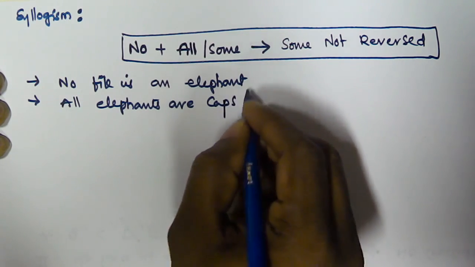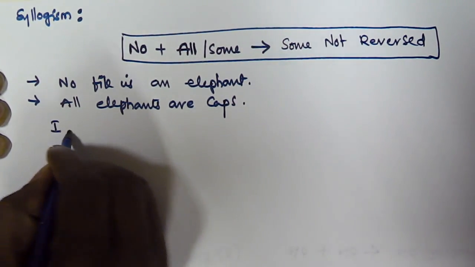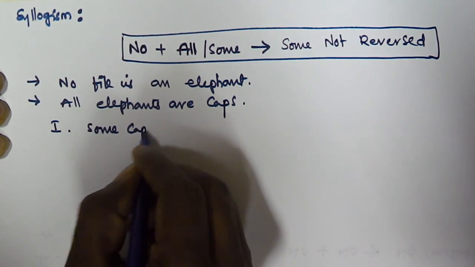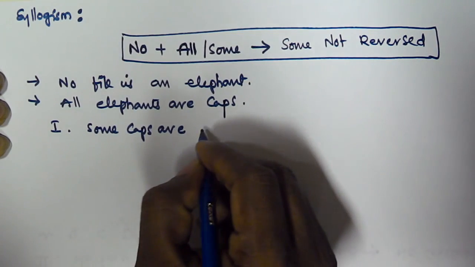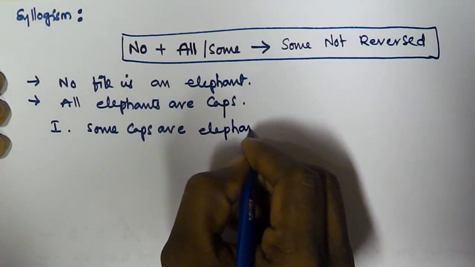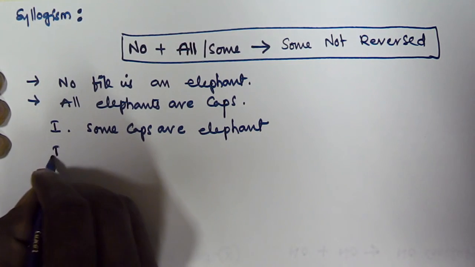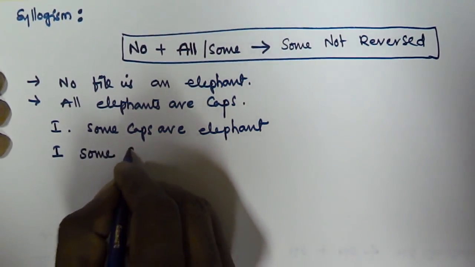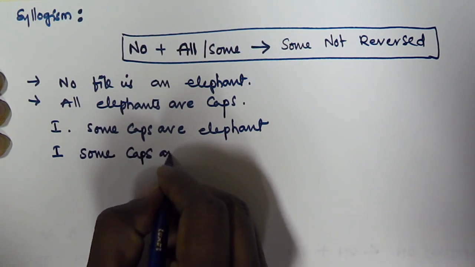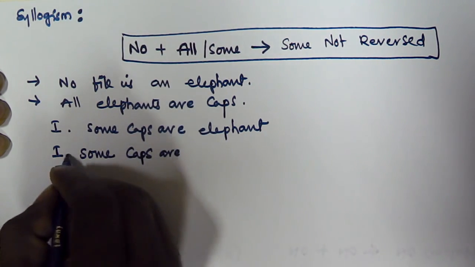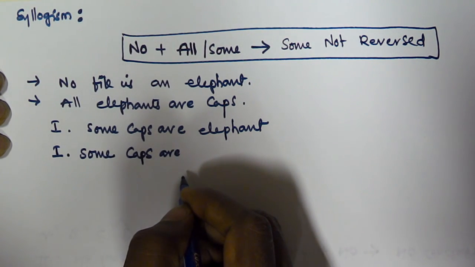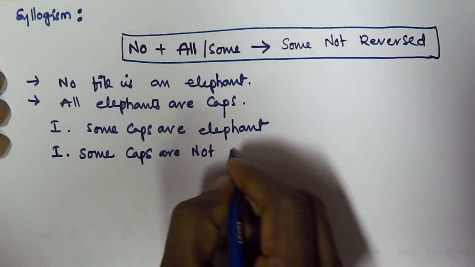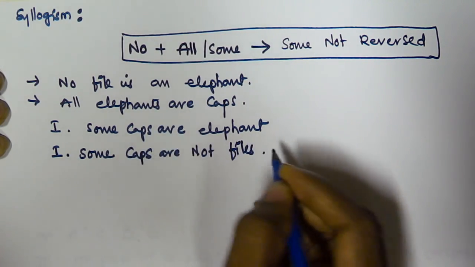The first conclusion given is: some caps are elephants. The second conclusion given is: some caps are not files.